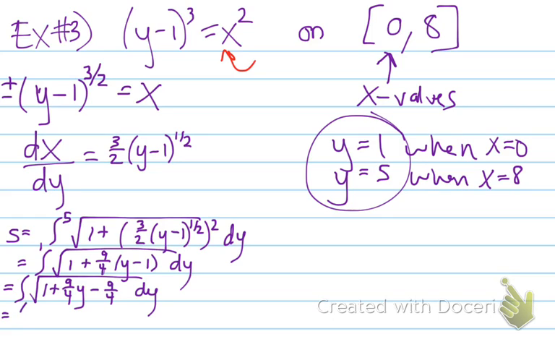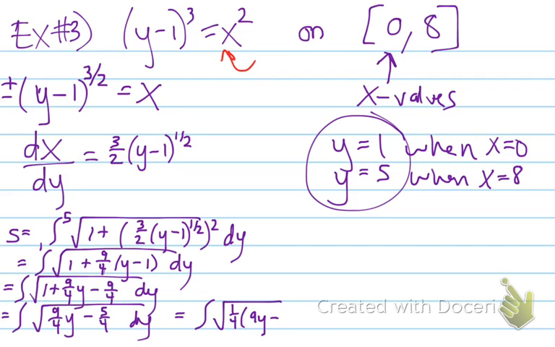When you combine the 1 with the negative 9/4, that would be 4/4 minus 9/4, so you have the 9/4 y, and then the 1 minus 9/4 gives you negative 5/4 dy. And of course, to simplify it a little bit more, you can pull out that 1/4 from the fraction. So you have the integral of the square root of 1/4 times 9y minus 5 dy. So let me erase some of this stuff just so we have more room to write.